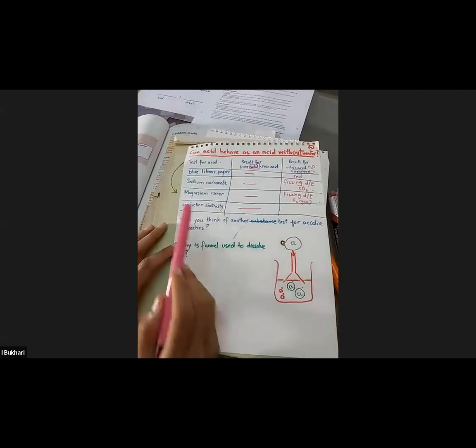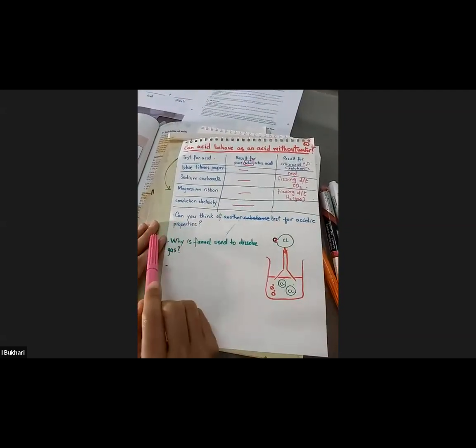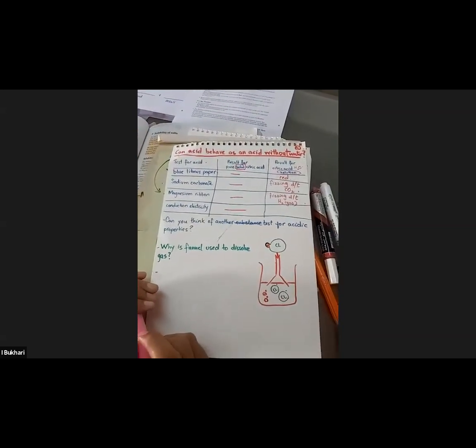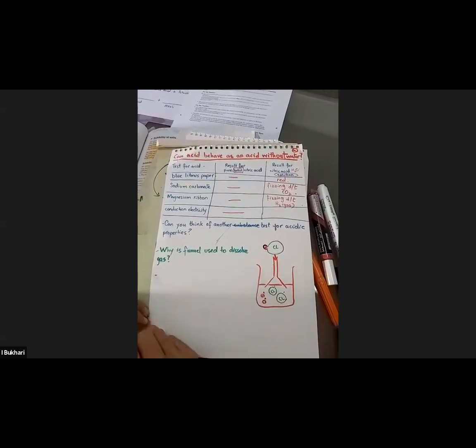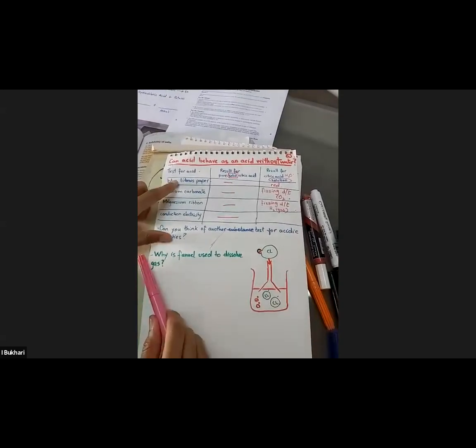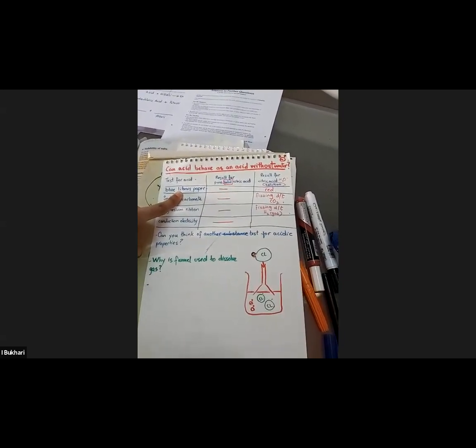Okay. Now your book is asking, can you think of another test for acidic properties other than these? Litmus paper is already mentioned.